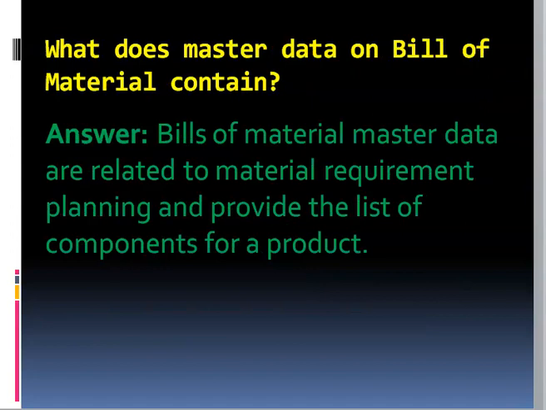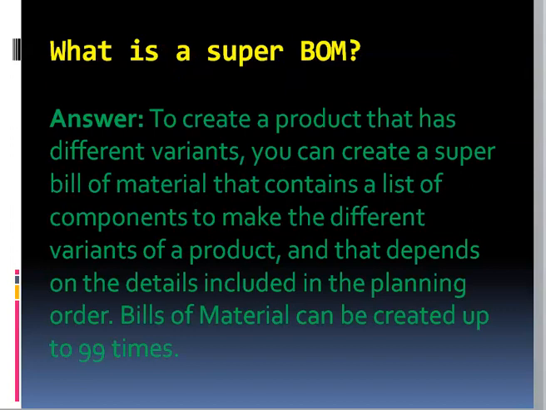What does master data on bill of material contain? Answer: Bill of material master data is related to material requirement planning and provides the list of components for a product. What is a super BOM?